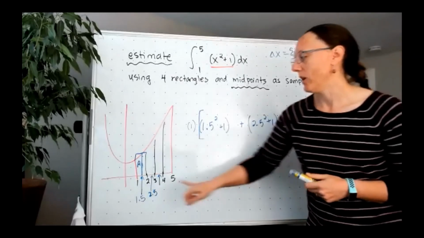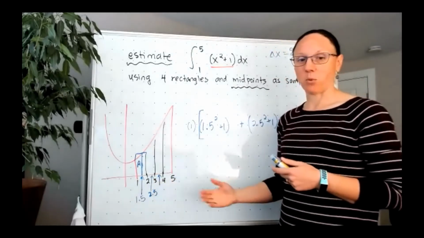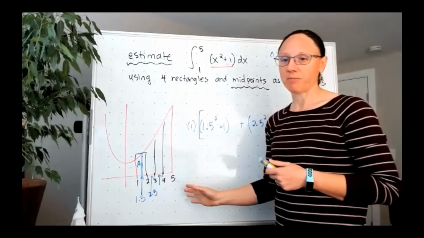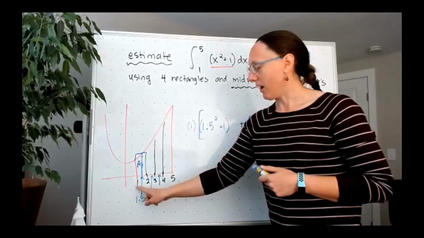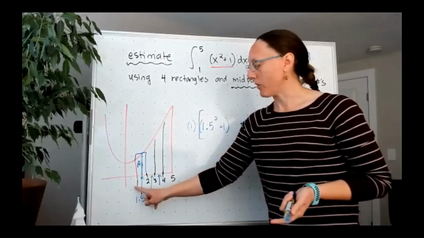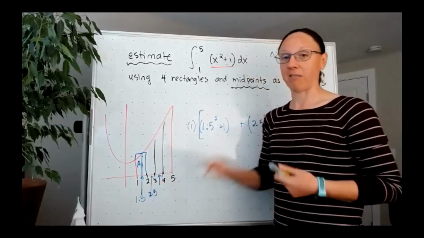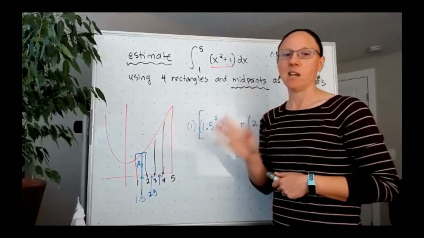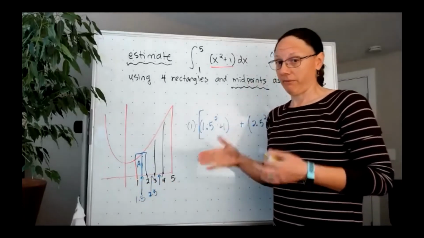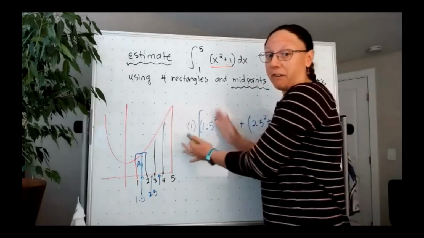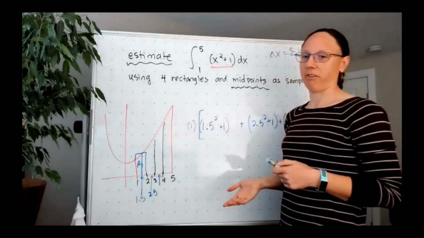So even if we were doing left-hand endpoints and we draw it out with the 1, 2, 3, 4, and 5, that's 5 x values, but we'd get a 5th rectangle if we used all 5 of those.